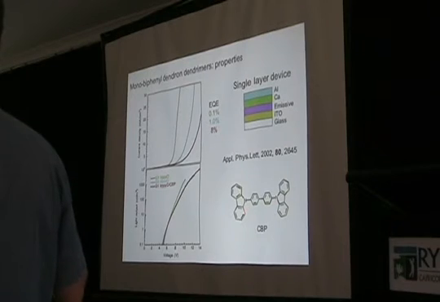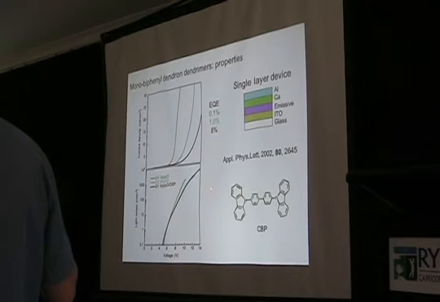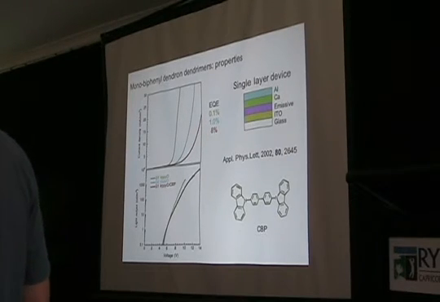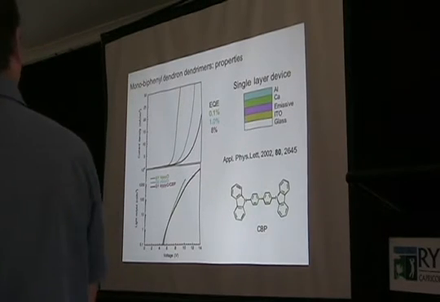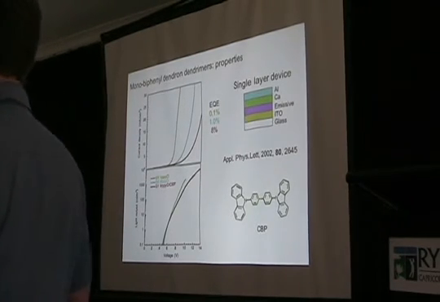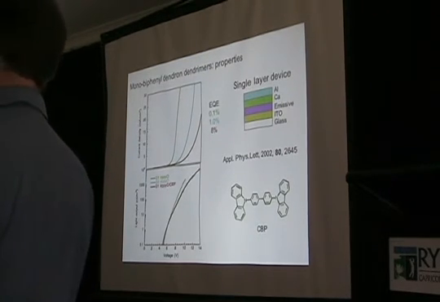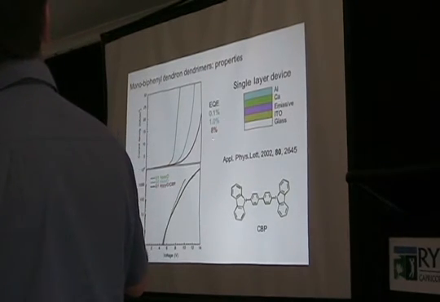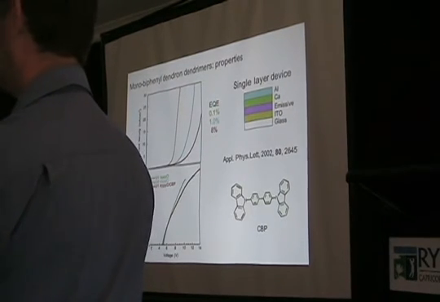So we had a guest host system, and in that situation the charges go even slower, and the flip side is that the efficiency increases, and it's much more efficient. You could argue it's more efficient because it's got a higher photoluminescence quantum yield. But the difference in photoluminescence quantum yield between the first generation and second generation of the blend is not such that you can account for the higher efficiency that you observe in the devices. So it really is controlling the charge mobility through the devices.